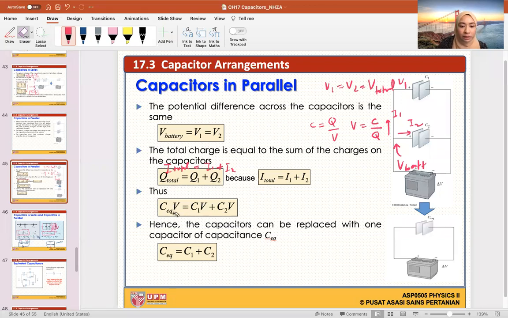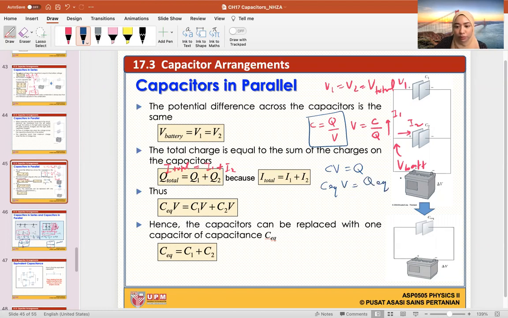So you get this equation. They are substituting for Q based on this equation. CV equals Q. So Q total is C equivalent V, and V is the same.